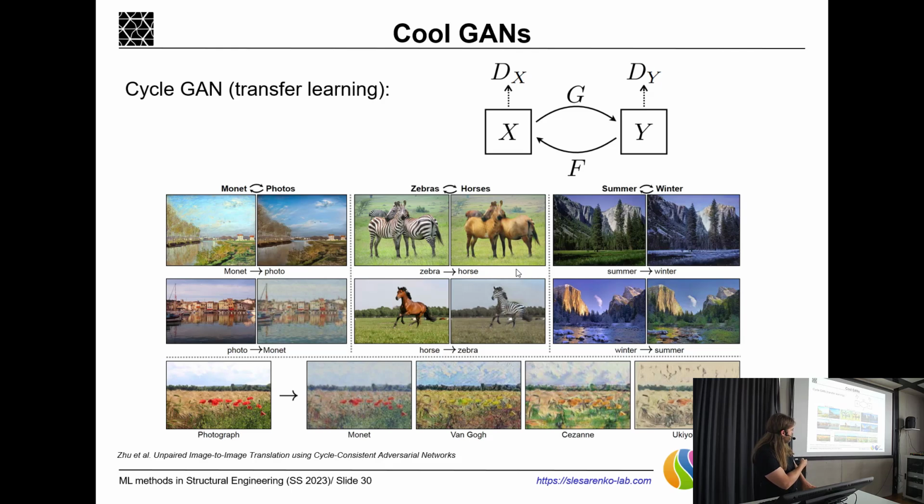What I really like about the zebra and horses thing is that, for example, in this picture here, you can not only see that basically the pattern of the horse changes, you can also see that the color of the grass changes. Because zebras are mostly in savannas or something where the grass is less green. And that's encoded in the training data of your zebra images. So it also changes the grass color a little bit.